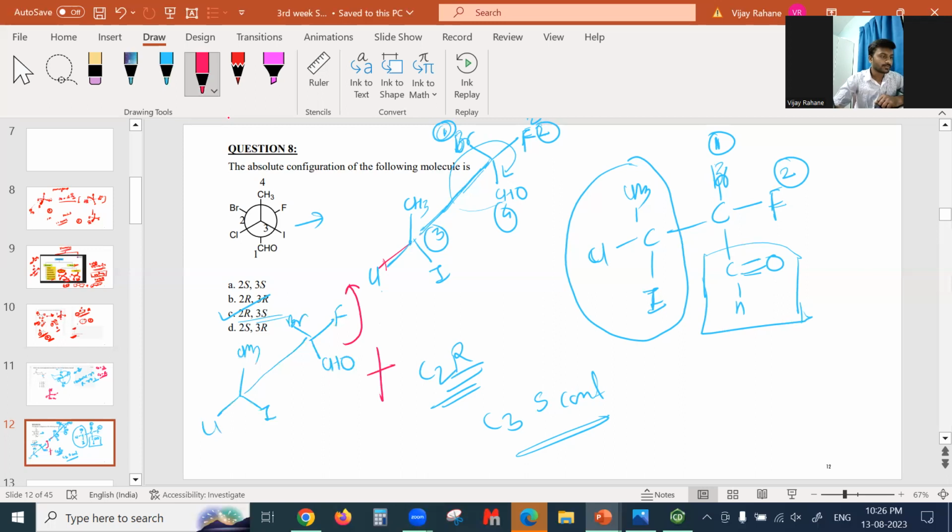The upper one will be the CHO, and if you can visualize, the fluorine will be on the right hand side, the bromine on the left hand side, and the lower carbon atom. This methyl we need to pull out in the back side. If you pull this, then we need to just rotate and then pull.